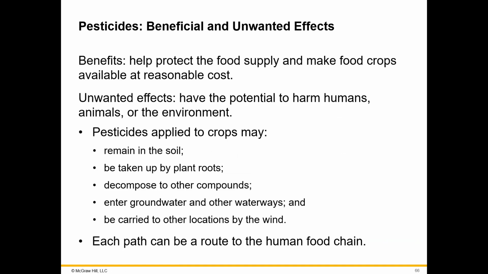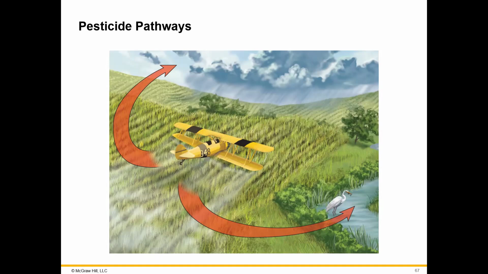Okay, we know the benefits of pesticides, how, yes, they can help protect the food supply, make crops more available, more productive per acre. But you have what's known here as the pesticide pathway that you need to watch out for as well. The unwanted effects of how pesticides get passed to humans and the environment.